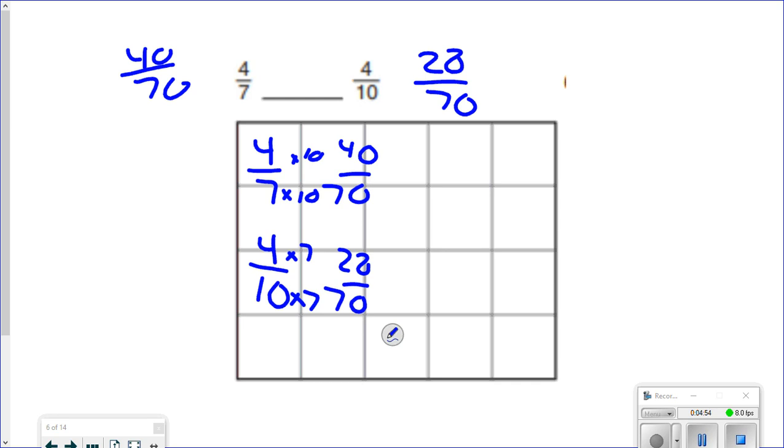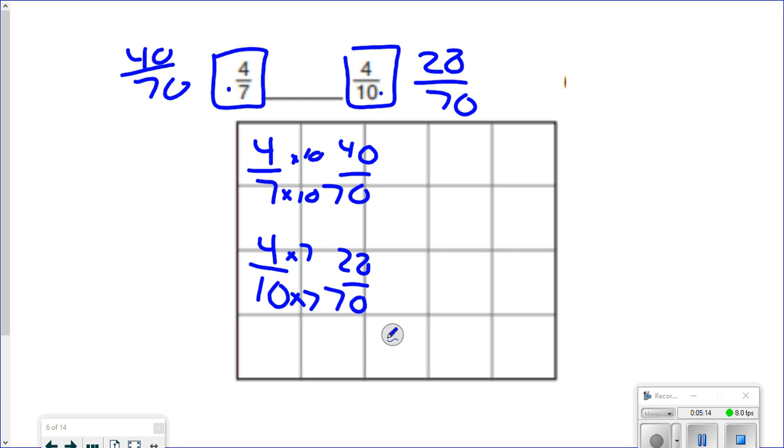or much easier, if I take a look here, this denominator means, if we're thinking about a pie or a pizza, that 4/7 means there are 7 pieces to that pie. This one right here means there are 10 pieces to that same size pie.